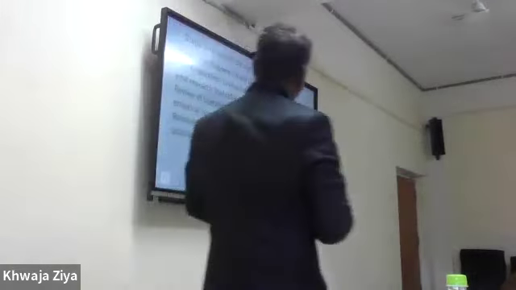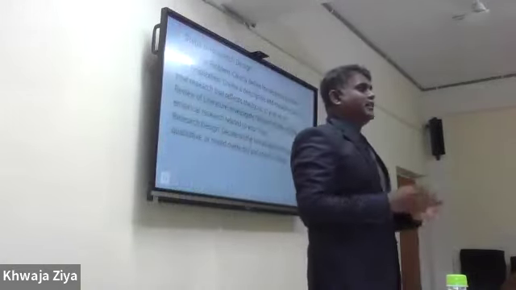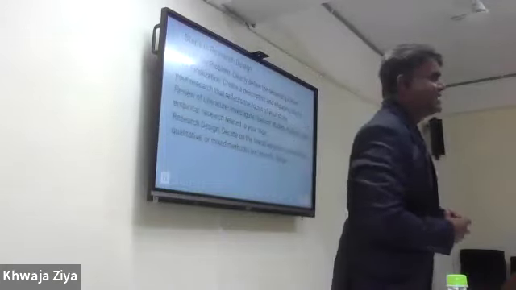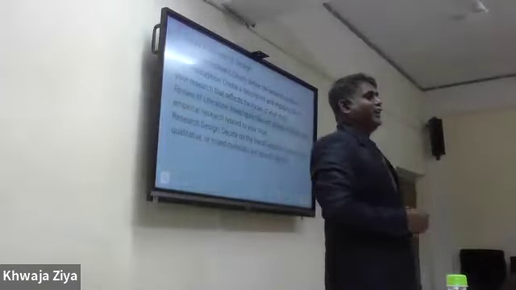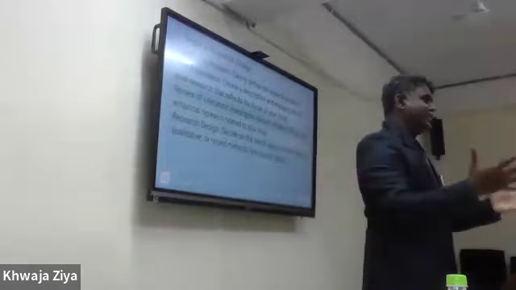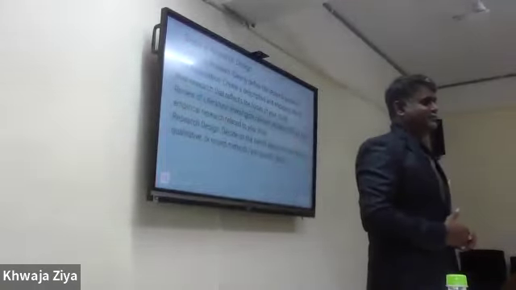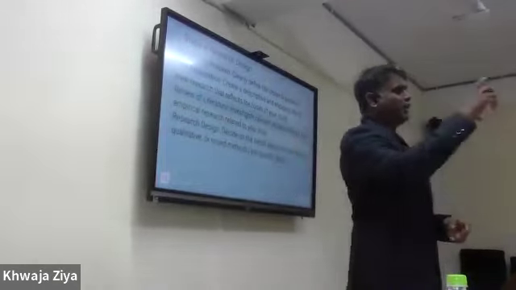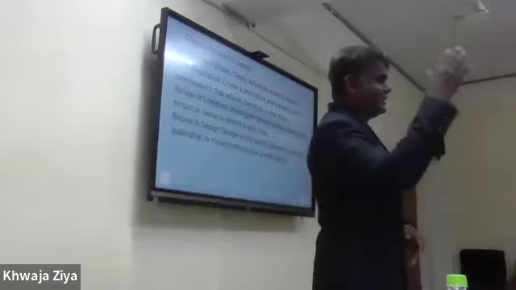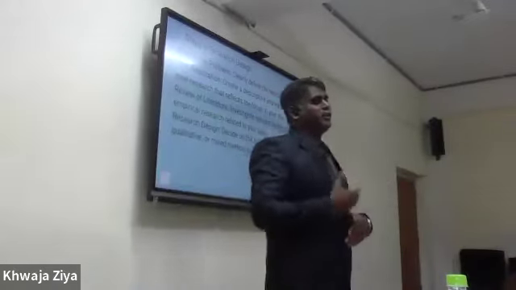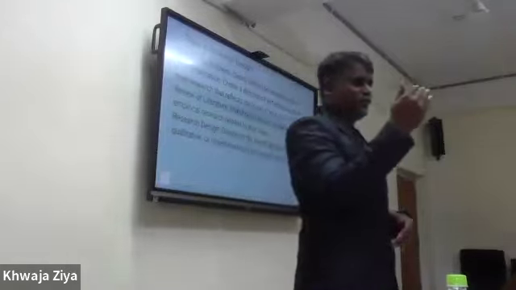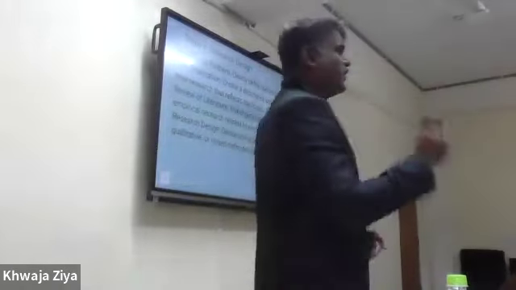Then research design, that is the heart. If you do not have a proper research design, you will get caught, because that is what an external examiner will see in a research: what research design you chose, what steps you chose for your study.